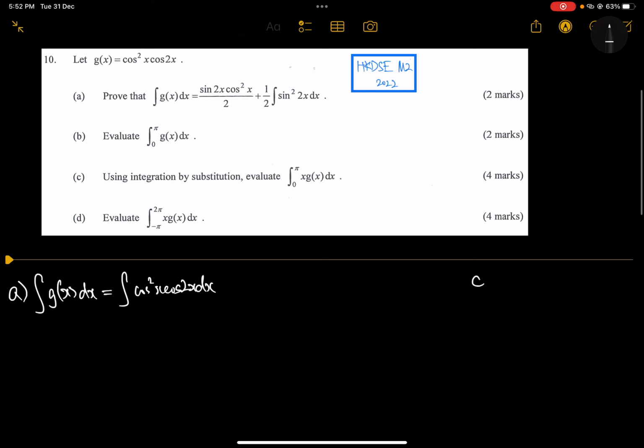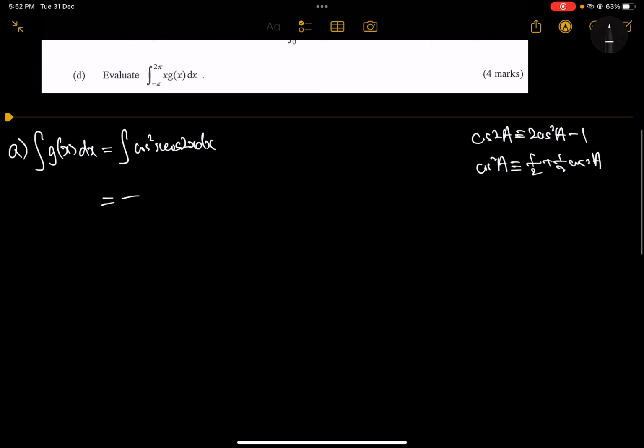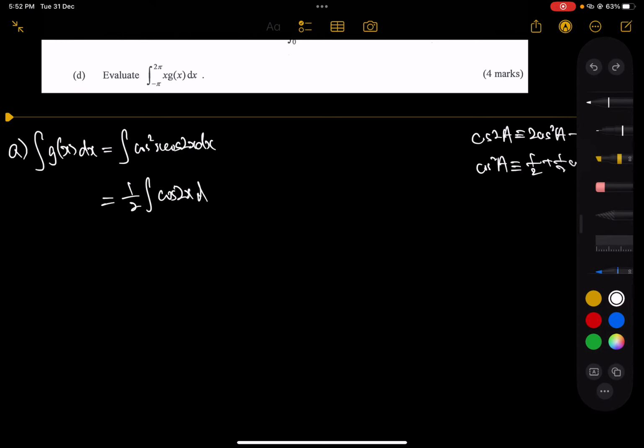and then we have cosine 2a is 2 cosine squared a minus 1, which means cosine squared a is equal to 1 over 2 plus 1 over 2 cosine 2a. So we have 1 over 2 cosine 2x dx plus 1 over 2 cosine squared 2x dx.